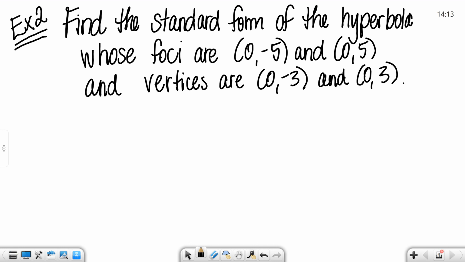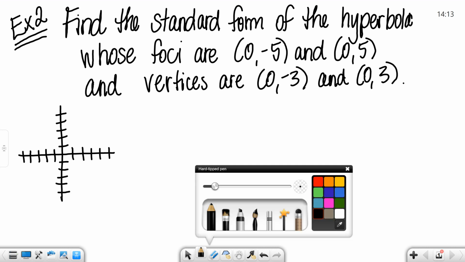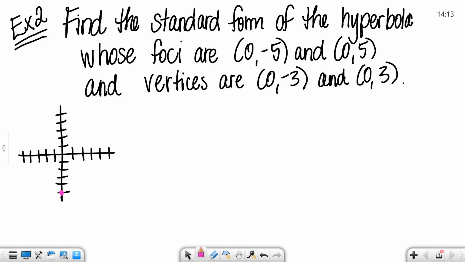All right, so I'm going to first start by just sketching on a graph what they gave me. (0, -5) and (0, 5), those are my foci. (0, -3) and (0, 3), those are my vertices.